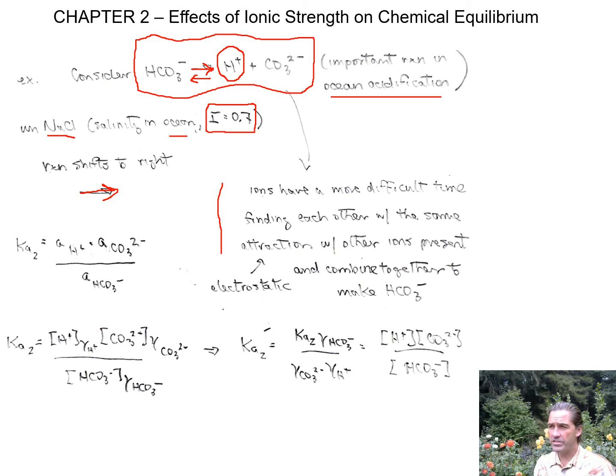Because of all the salt in the ocean, these ions have a more difficult time finding each other and having the same electrostatic attraction for each other, because there's all these other charges around. They have a hard time coming together and forming the bicarbonate.